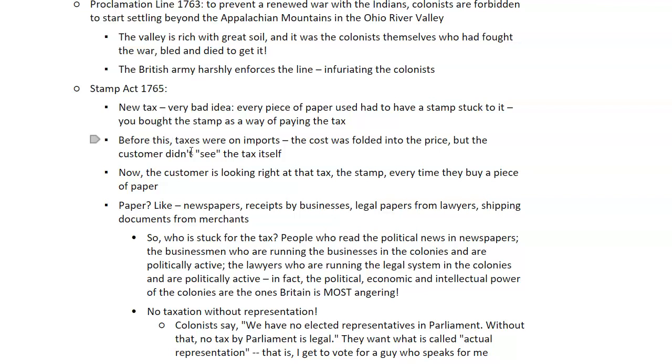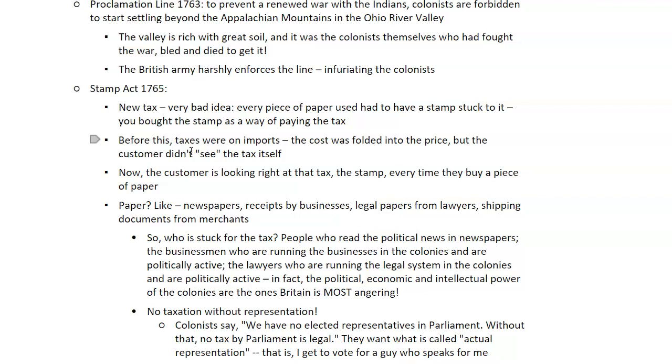The cost was folded into the price, but the customer didn't see the tax. The merchant, or the shipper, the warehouse guy, he saw the tax, he paid the tax. All you knew as a customer was, well, the price was a little more. But now, the customer is looking right at that tax, the stamp, every time they buy a piece of paper. It's right in their face.